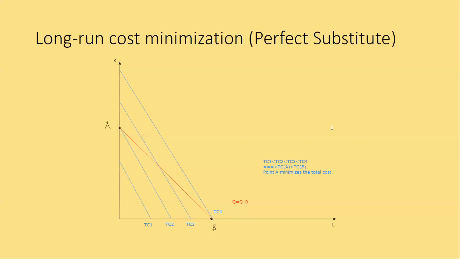So here we are choosing point A because our isocost lines are steeper than our isoquant. Because isocost lines are steeper than our isoquant, we use all capital and no labor.